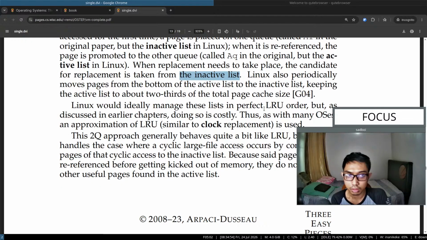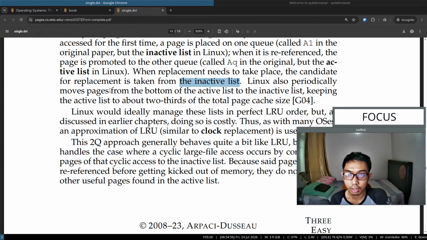Linux also periodically moves pages from the bottom of the active list to the inactive list, keeping the active list to about 2/3 of the total page size.